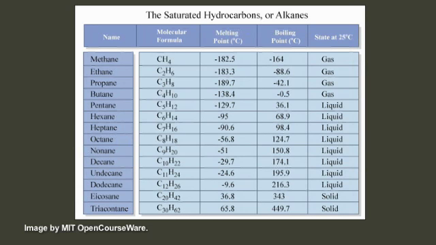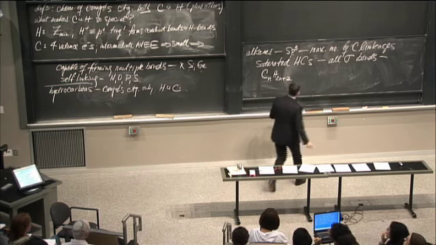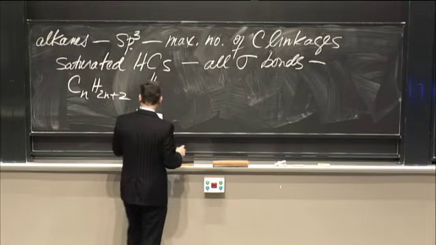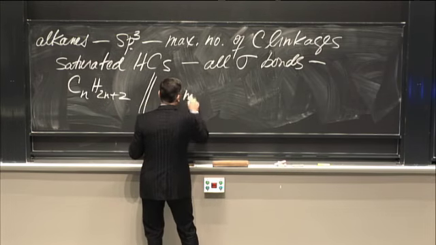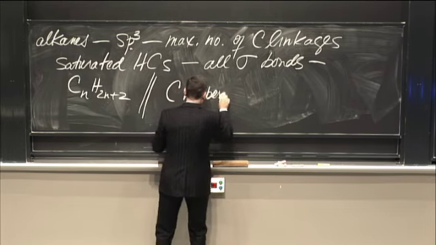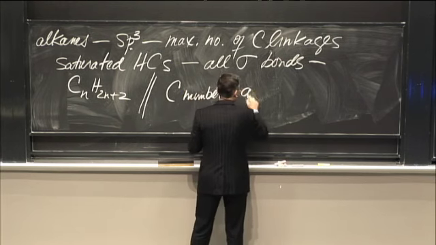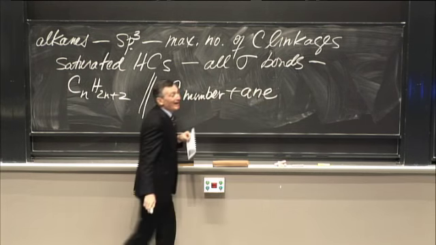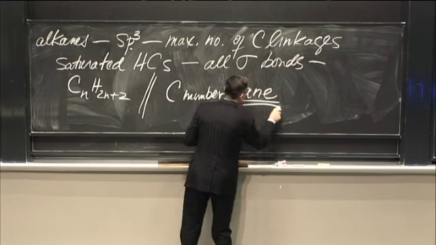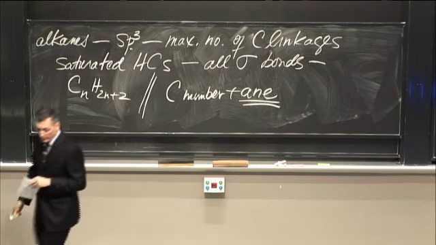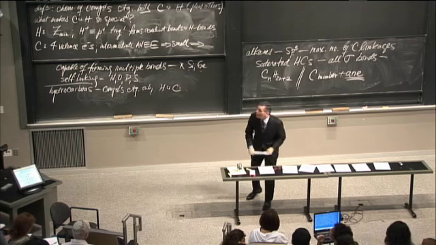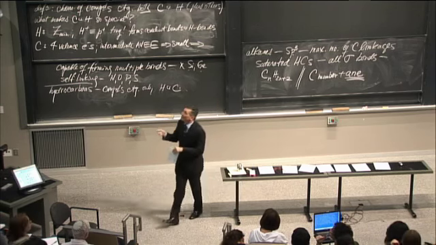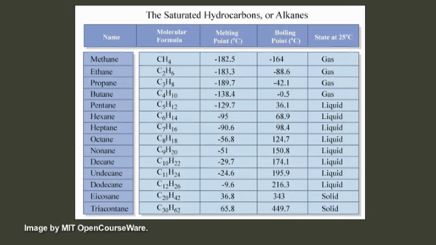Yeah, so here's what the hidden message is. You name them by the carbon number plus the suffix ane. So the anes, the alkanes, are all these sp3. So 1 is meth, 2 is eth, 3 is pro, and 4 is but.